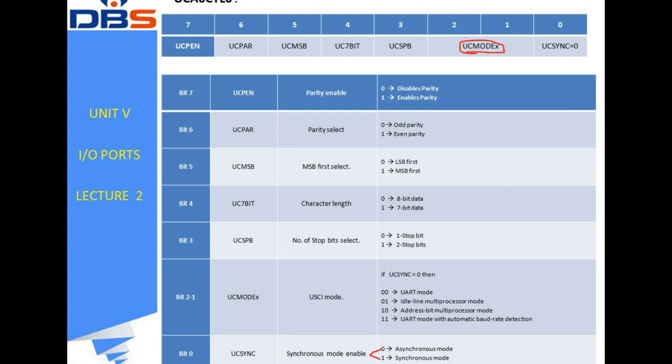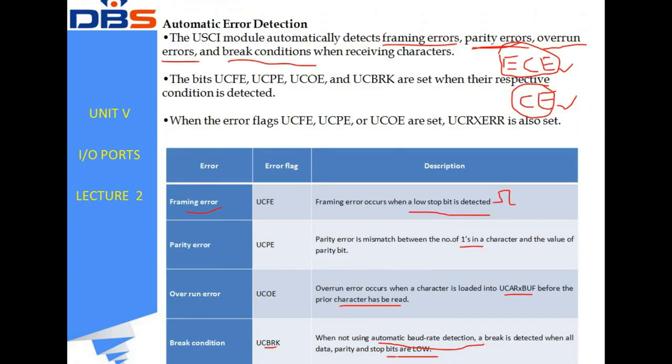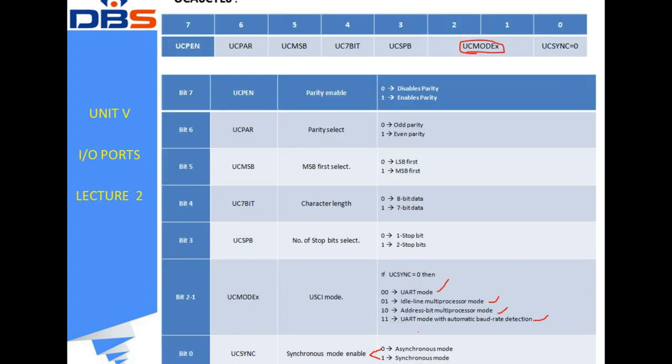If both are 0 0, it will be UART mode. 0 1 is idle-line multiprocessor mode, 1 0 is address-bit multiprocessor mode, and 1 1 is UART mode with automatic baud rate detection. That means whenever we enter 1 1 mode, it allows automatic baud rate detection.